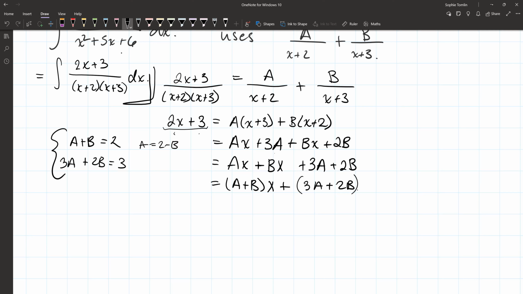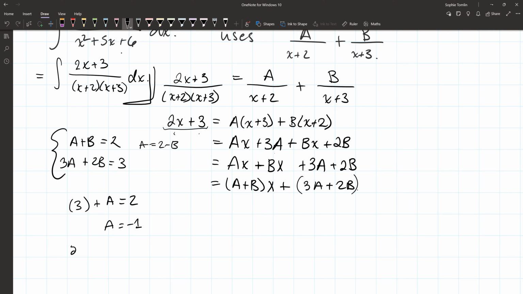Or you can choose some smart ideas for variables. In our case, we could try b is equal to 3. If we put that in here, then a plus 3 is equal to 2, and that gives us that a is equal to negative 1. Does that work for the other one?